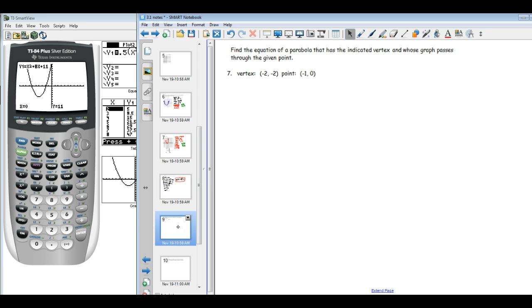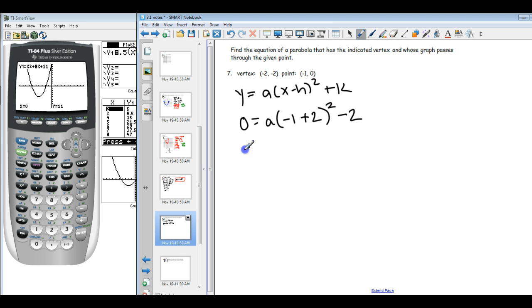This is another one just like it. So start out writing your parent function. Replace the y with 0. Substitute -1 for x. H is -2. And k is -2.